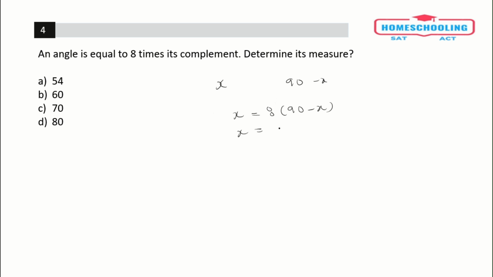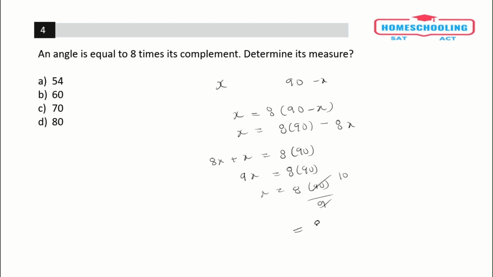So x is equal to 8 into 90 minus x. We'll take x on that side, so 8x plus x is equal to 8 into 90. So 9x equals 8 into 90, so x would be 8 into 90 divided by 9, which is 80. So the option would be D, 80.